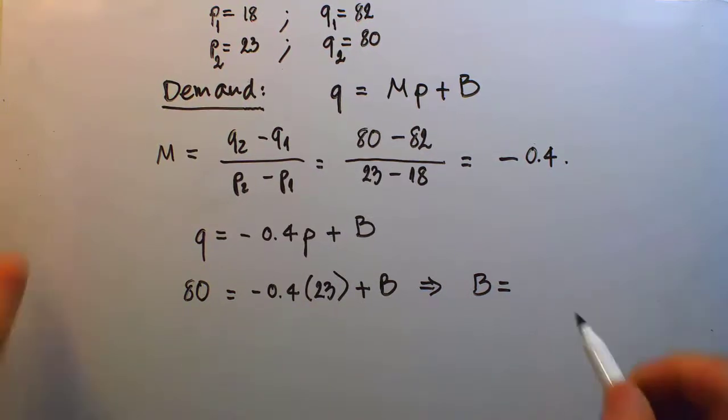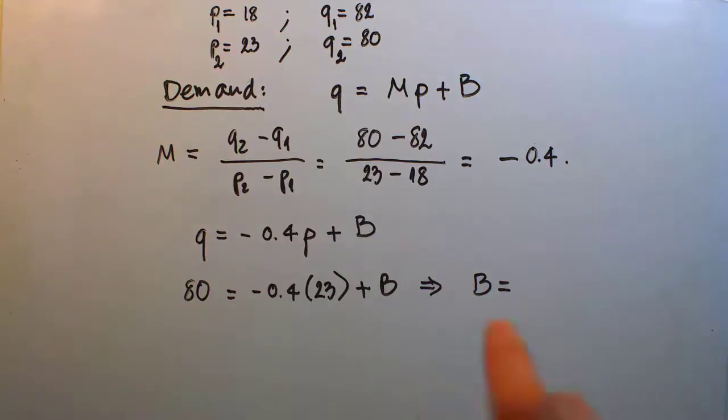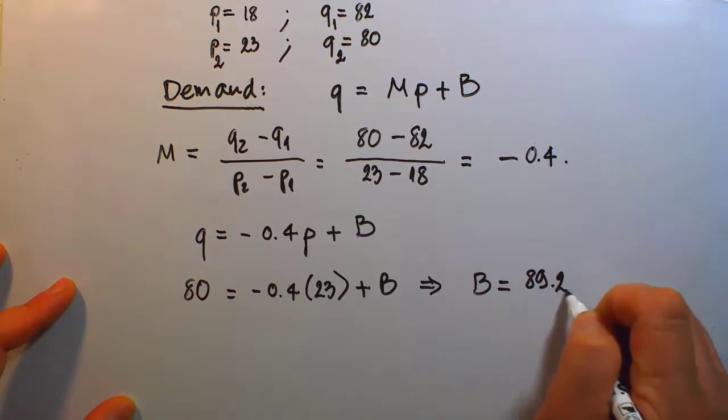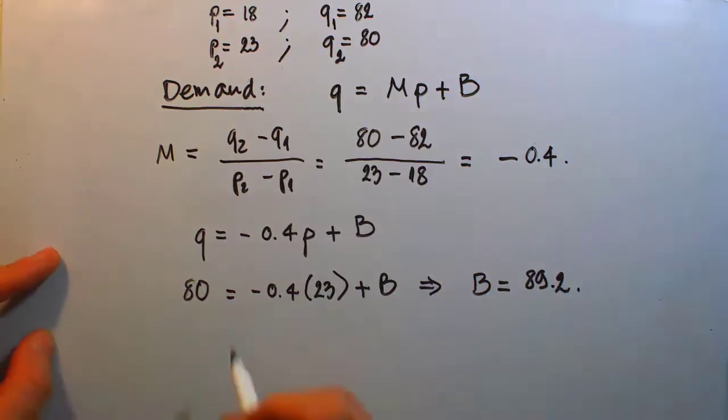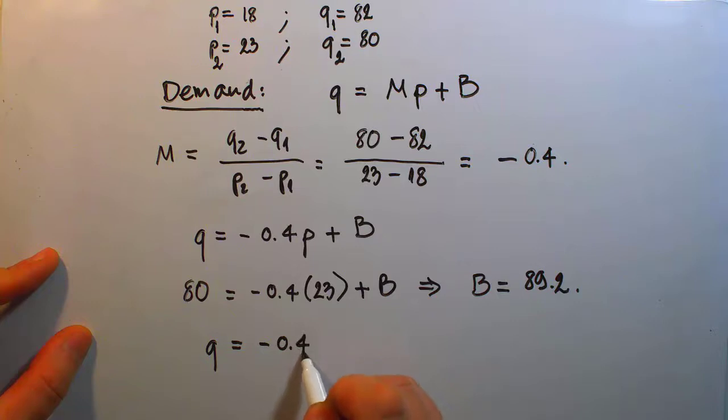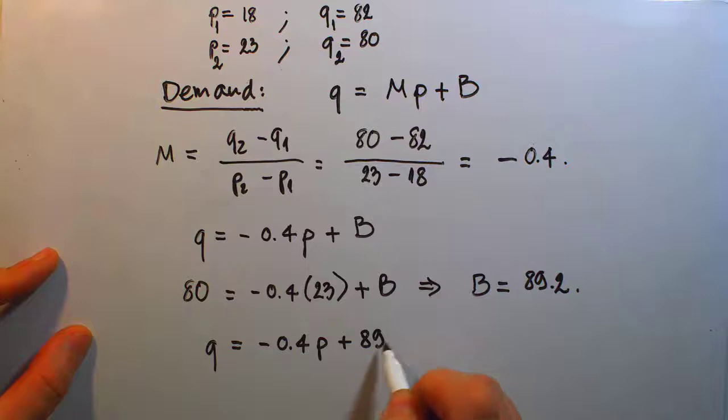The calculation turns out that my B value must be 89.2. And now our demand equation is ready: Q equals negative 0.4 P plus 89.2.